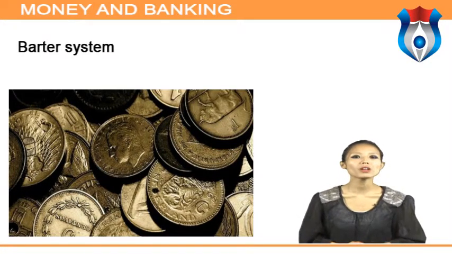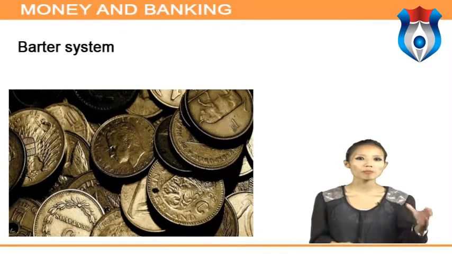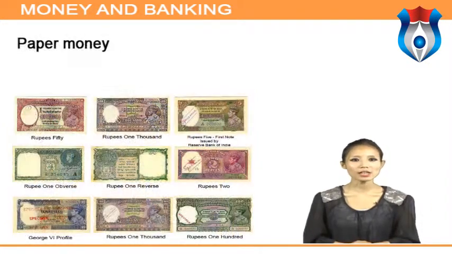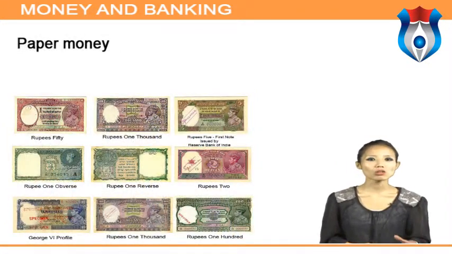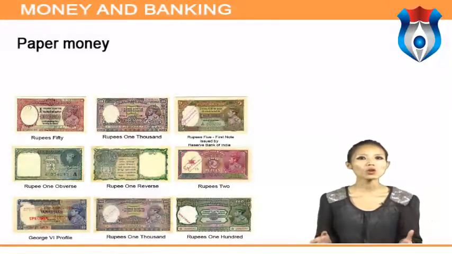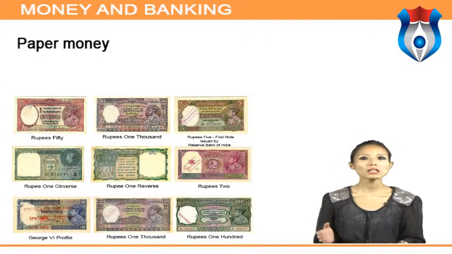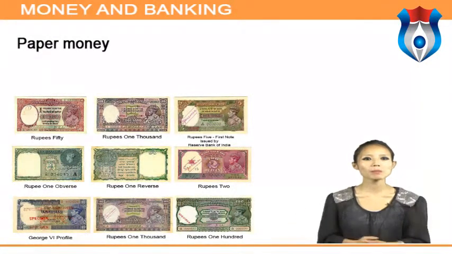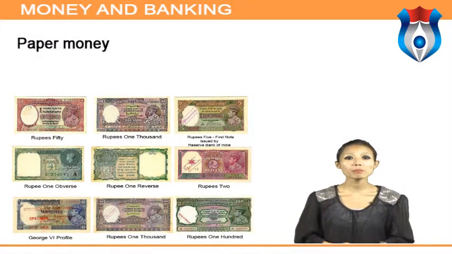Now we will move further and study about the evolution of paper money. As civilization progressed and trade increased, more and more medium of exchange was needed. Gold and silver coins were popular but somewhat inconvenient to carry around. Goldsmiths began to offer to store people's gold safely if one did not want to keep it in one's house.